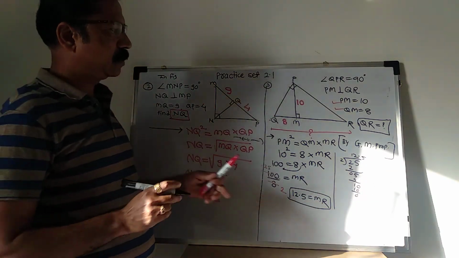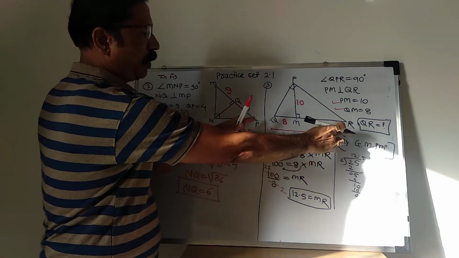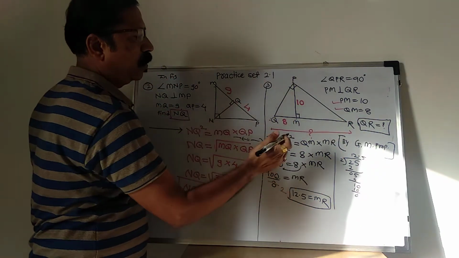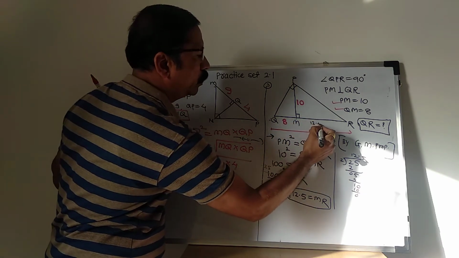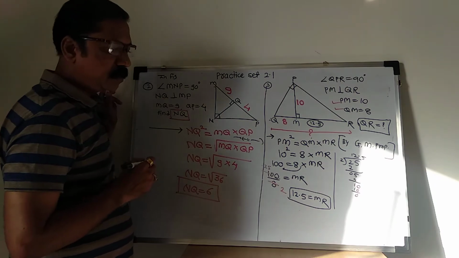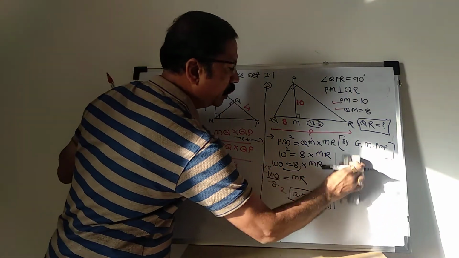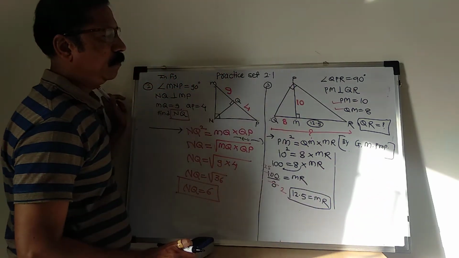MR is not asked here, but in order to get the length of segment QR, we require that segment 12.5. Write down here. I will circle that value which is calculated by us. And then what they ask, you have to find the length of segment QR.